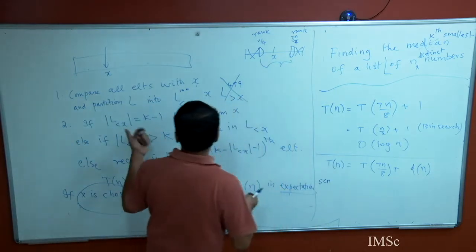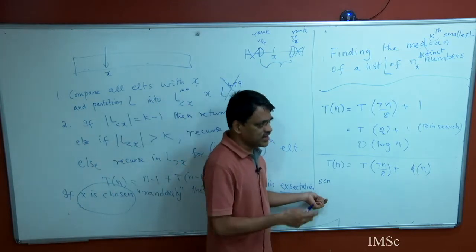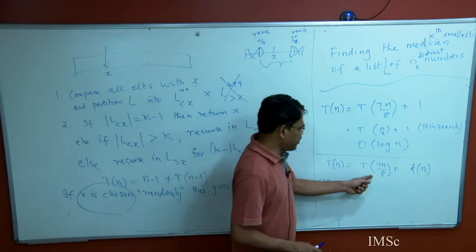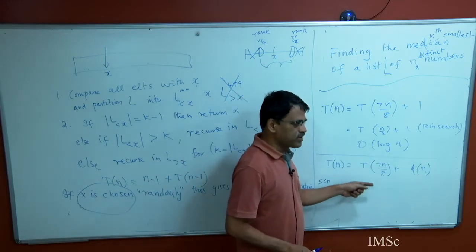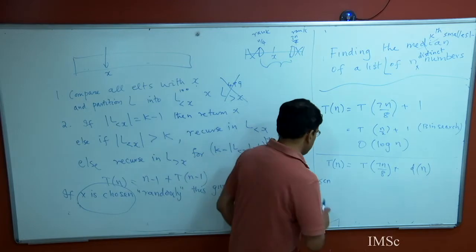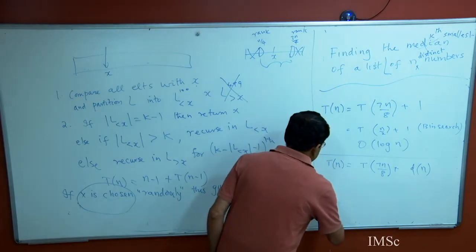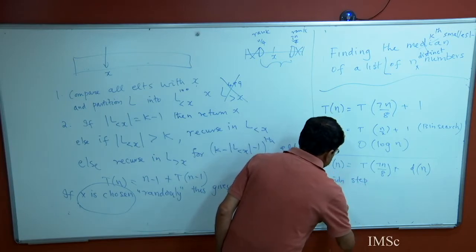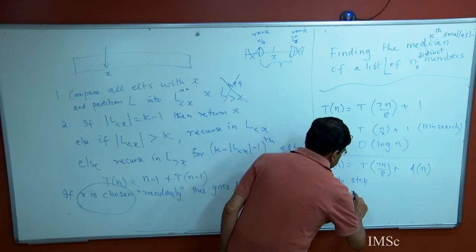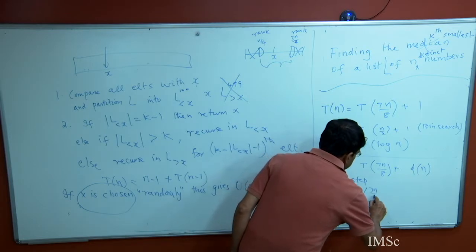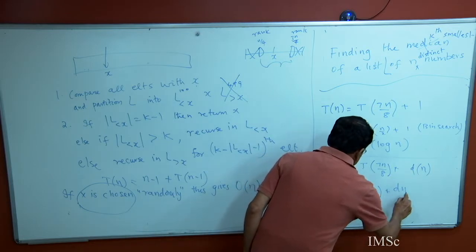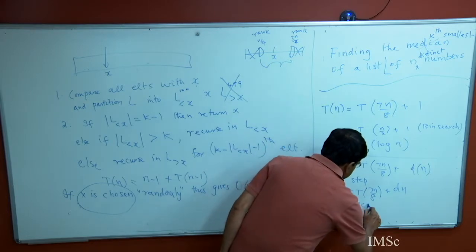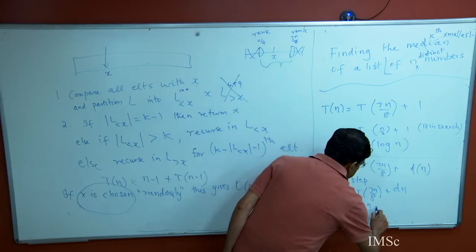Base case: you take your T of 1 and choose your C large enough so that the base case is satisfied. At the induction step, you assume this for the smaller value of n. So T of n is equal to T of 7n by 8 plus D times n, which is less than or equal to, by induction, 7Cn by 8 plus Dn.